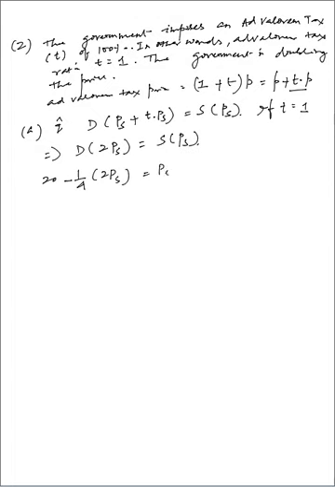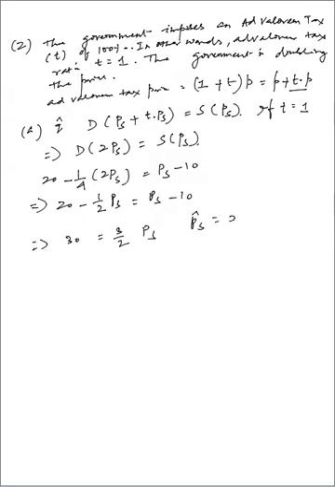That is 20 minus half PS equals PS minus 10. 30 will be equal to 3 by 2 PS. So my PS is equal to 20.